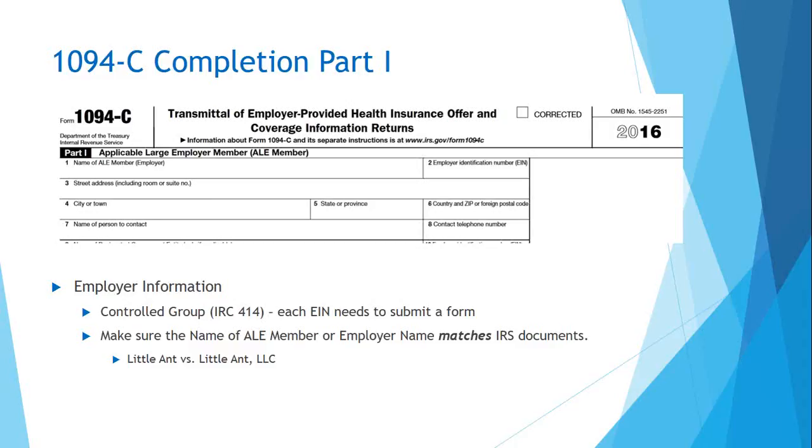That makes a huge difference if you are electronically filing your forms, because the IRS will come back with a mismatch. And your file could be entirely rejected depending on what the mismatch is. Same holds with a DBA. If you're doing business as, like I'm doing business as 1095helpdesk.com, but my legal entity name is ACA Consulting Group LLC. So if I was filling out this form, I would put ACA Consulting Group LLC, not 1095helpdesk.com.